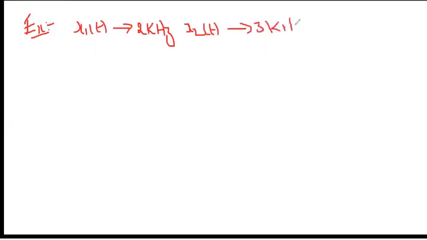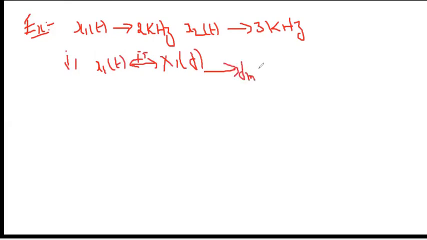These, my dear students, are the maximum frequencies only. For x1 of t, with Fourier transform x1 of f, the maximum frequency fm is 2 kilohertz, as given.